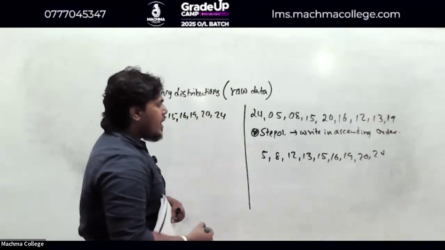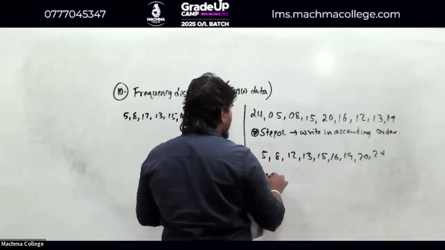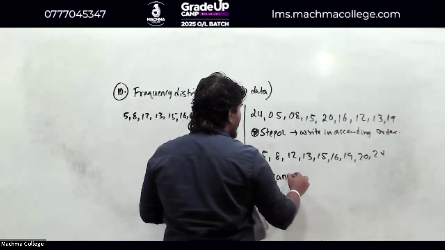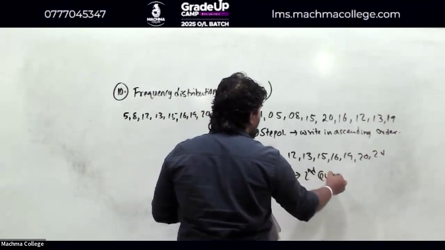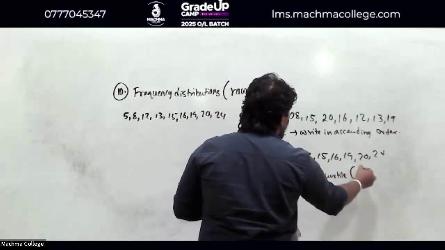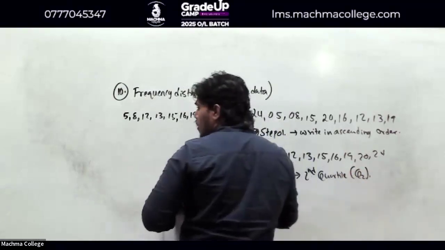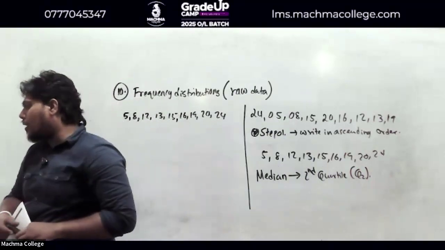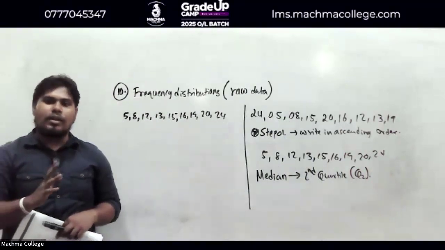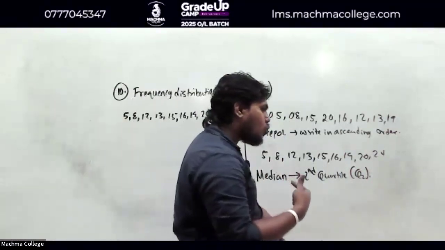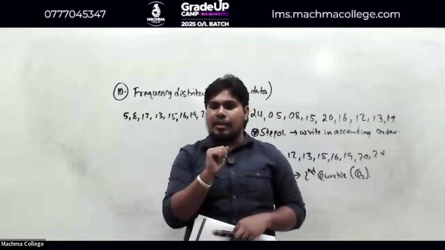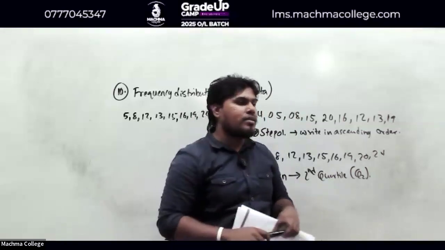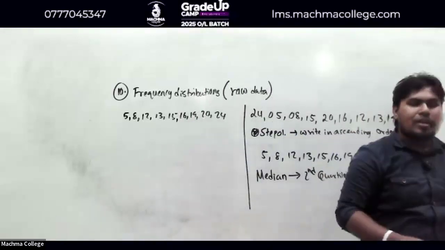Now, they want us to calculate the median. So remember, median means the second quartile itself, which we name as Q2. Median means the second quartile. If they are asking us to go through the quartiles method, you can't count and take the middle one. You have to use the quartiles knowledge.